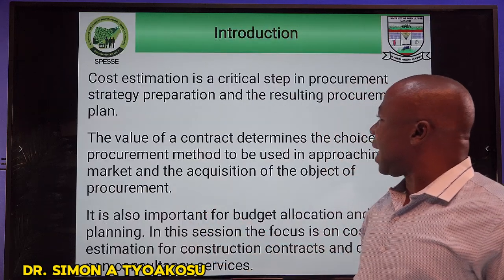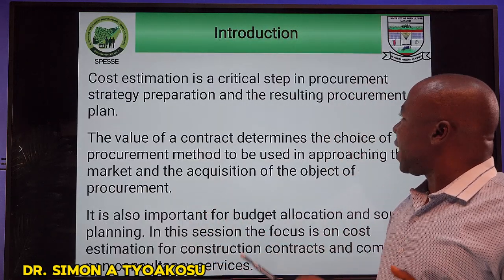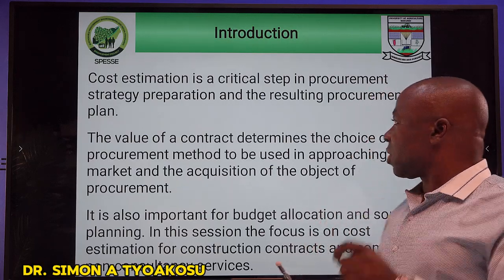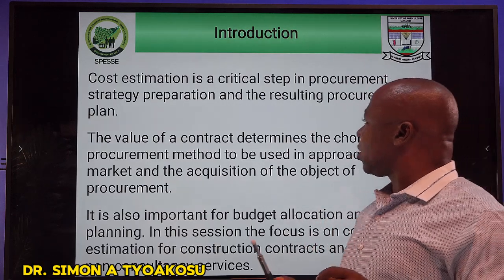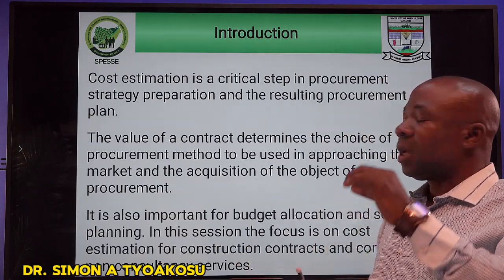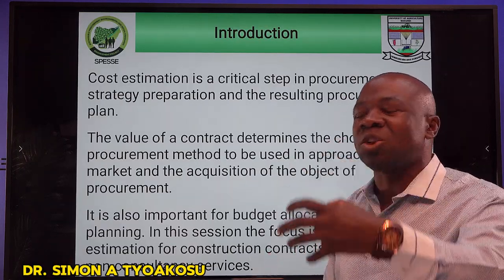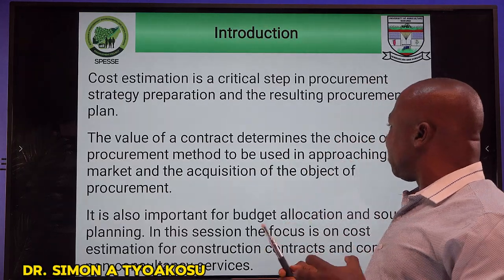So the expectation is at the end of this course, cost estimation is taken as a critical step in the procurement process that will help one to have a procurement plan, so that you yourself have knowledge of what is obtainable in the marketplace.